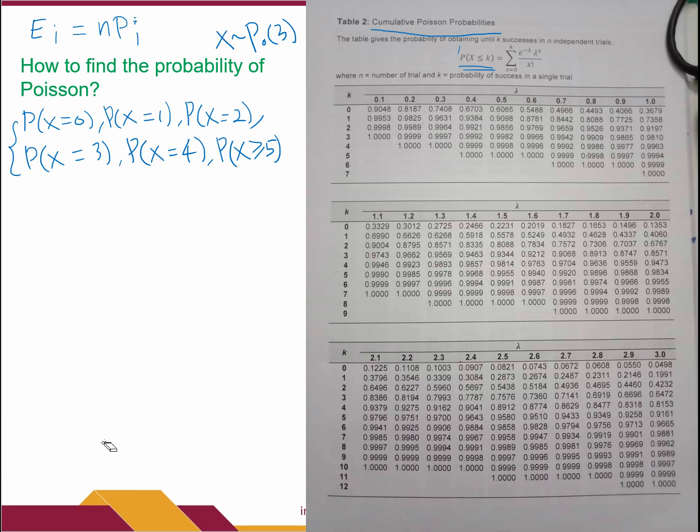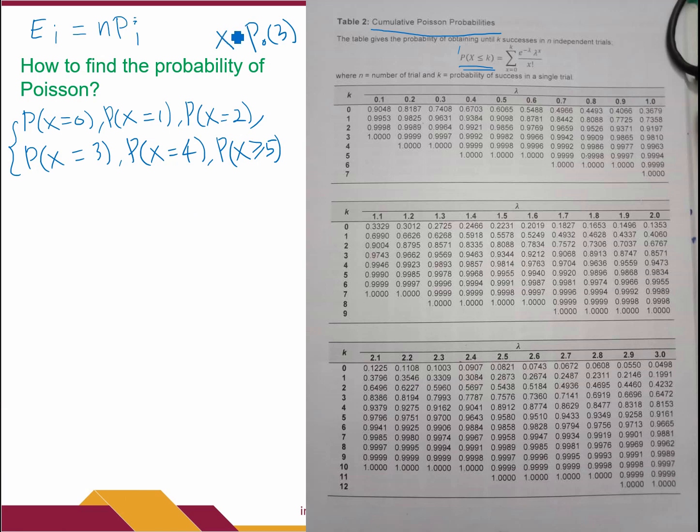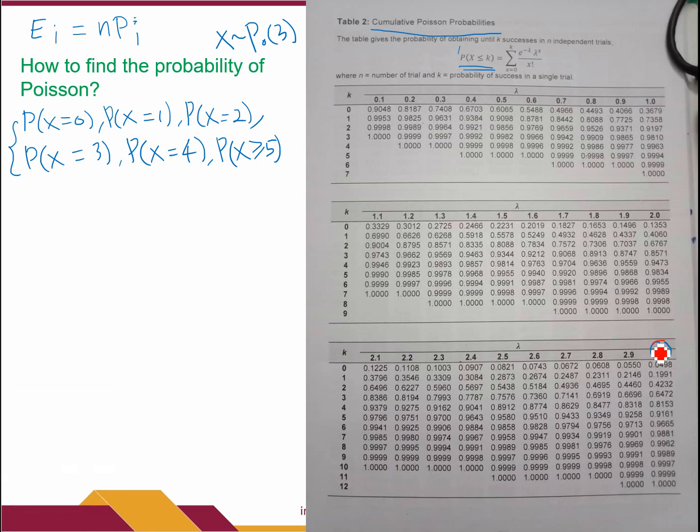Okay, so remember, since this is population, your x doesn't have the bar here, it's only x. So now your lambda is 3. That means your lambda is around here. It's 3 here. And your k is this value, 0, 1, 2, 3, 4 until 5.